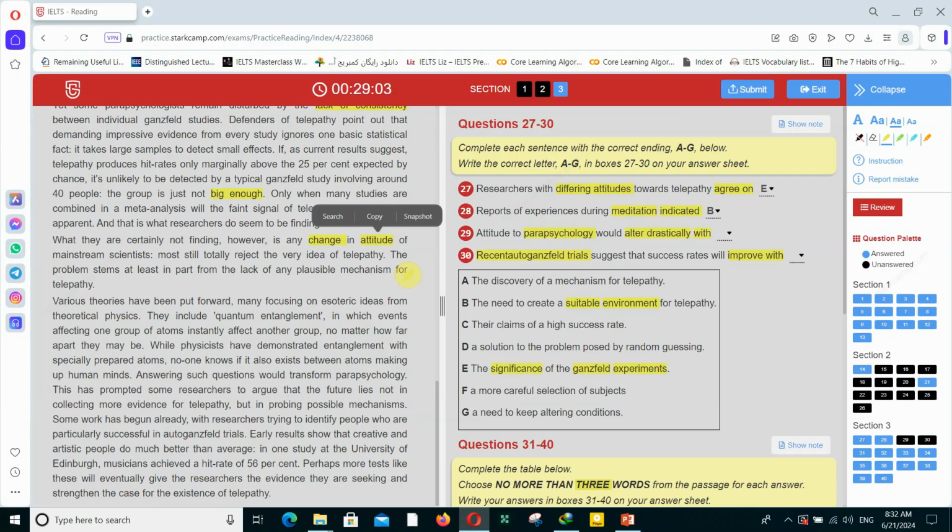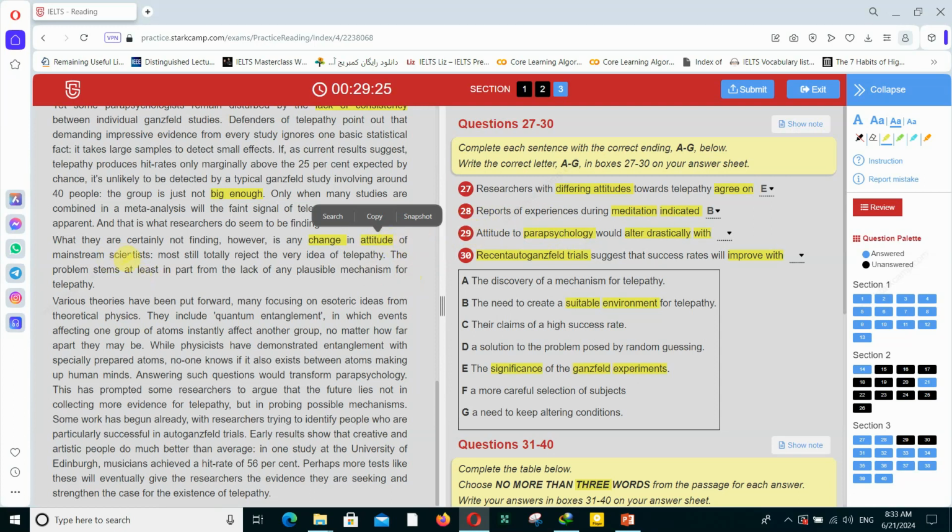You can check out these vocabularies. This is really important for you to actually get used to this kind of thing. Attitude would alter drastically with change in attitude. These completely correspond. Okay, so here you're going to find the answer for this question.